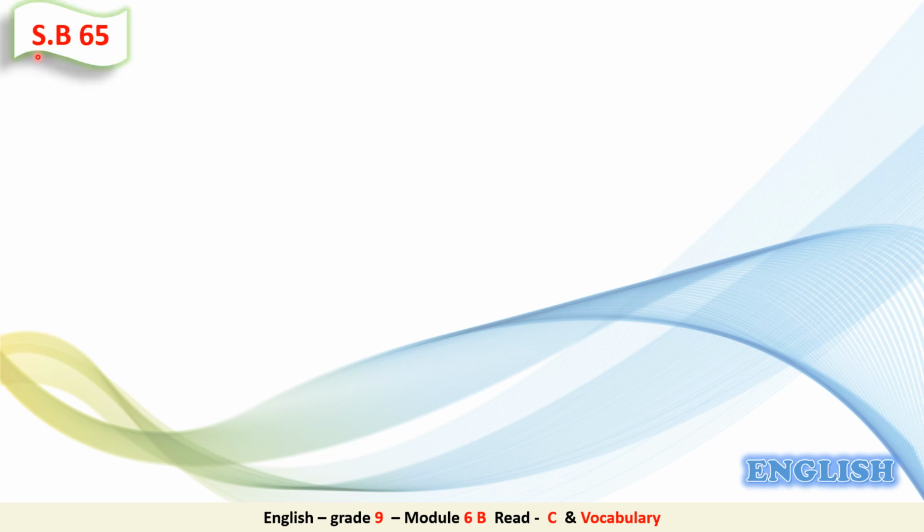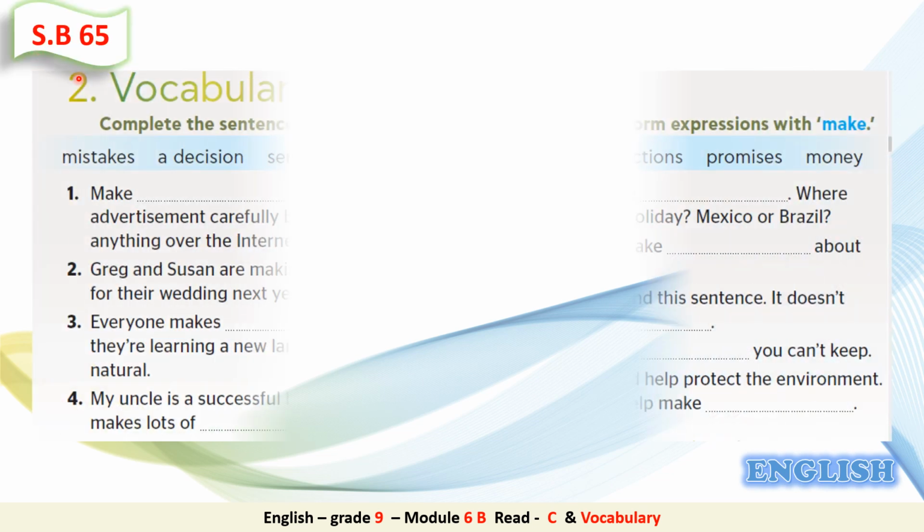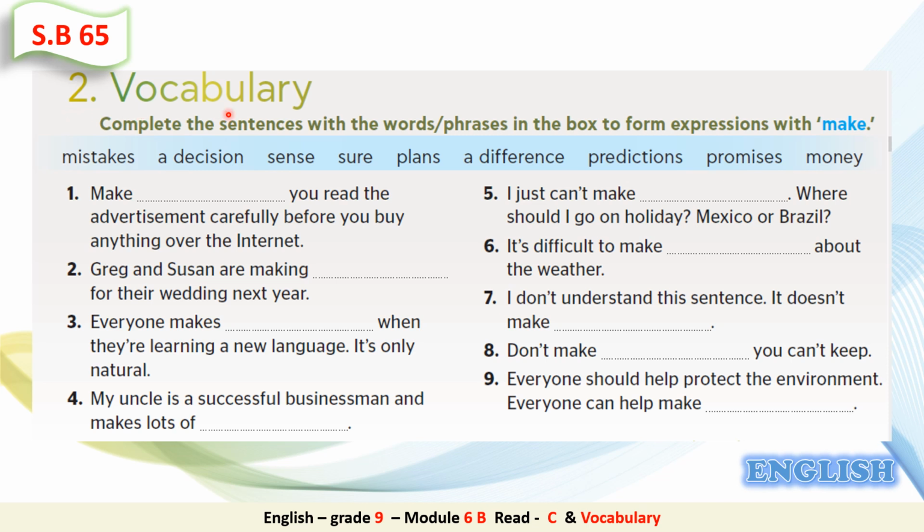Now please open your student's book, page 65. To vocabulary. Complete the sentences with the words or phrases in the box to form expressions with make. We call this collocation. Collocations are words which usually go together. In our exercise for today, make is used with these words.